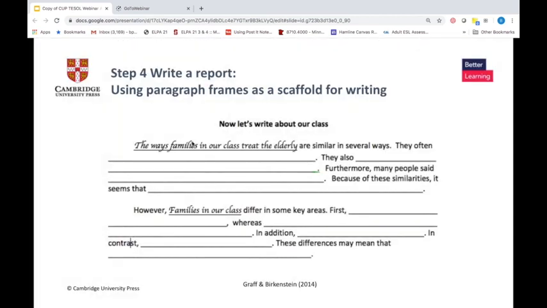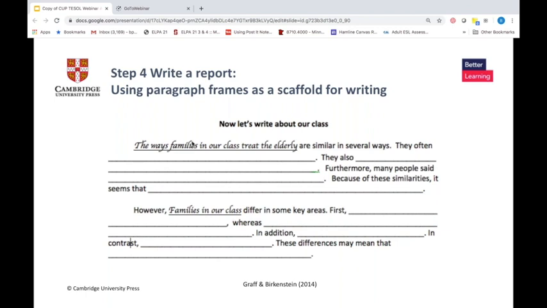And then finally, students are going to take all of this information they've gathered, first through the interview, through looking closely at the data they gathered from each other, having a discussion with others, and then use a paragraph frame for some writing. This is an example of a very short two-paragraph essay, which might be typical in an adult ed program.